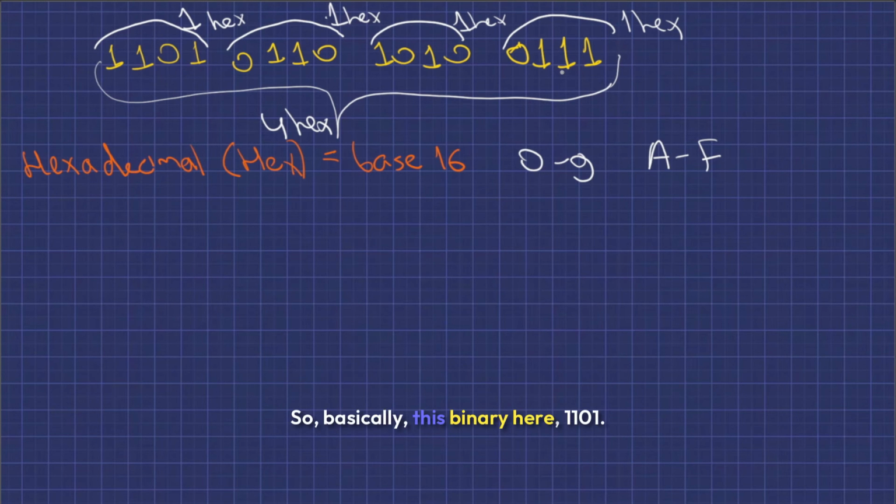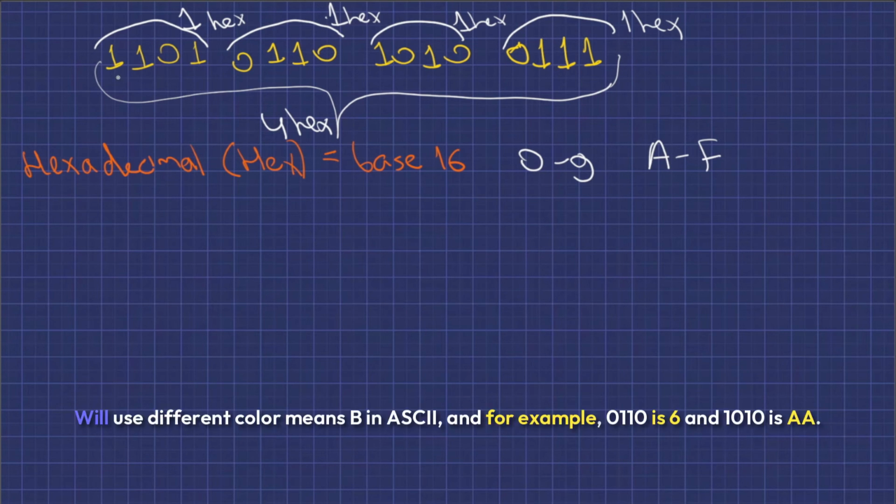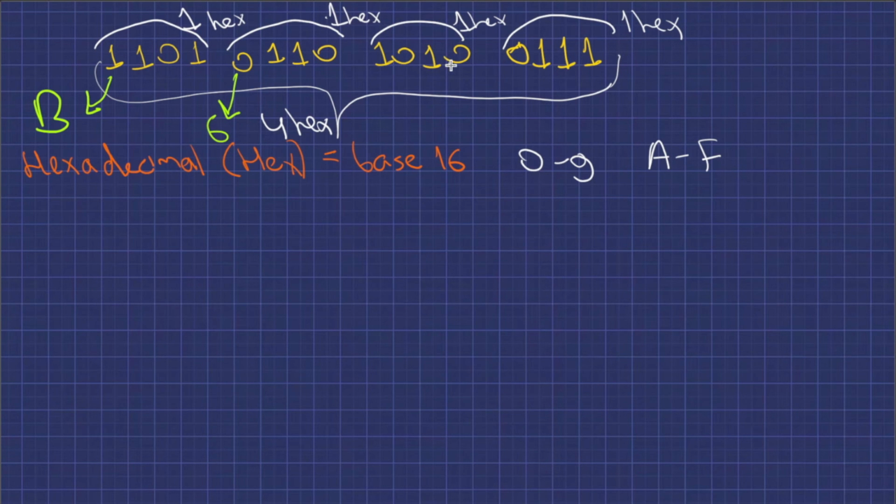So basically, this binary here, 1101, we'll use a different color, means B. And for example, 0110 is 6. And 1010 is A, uppercase.